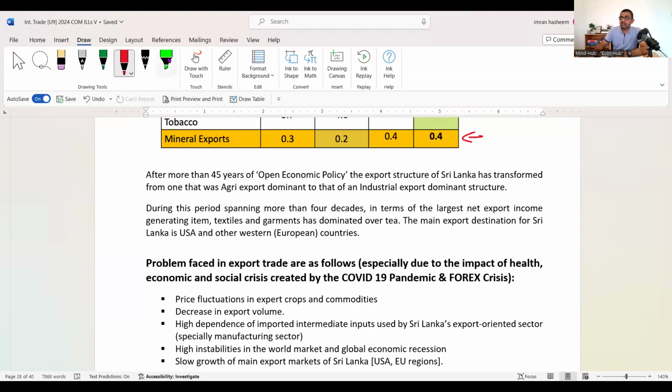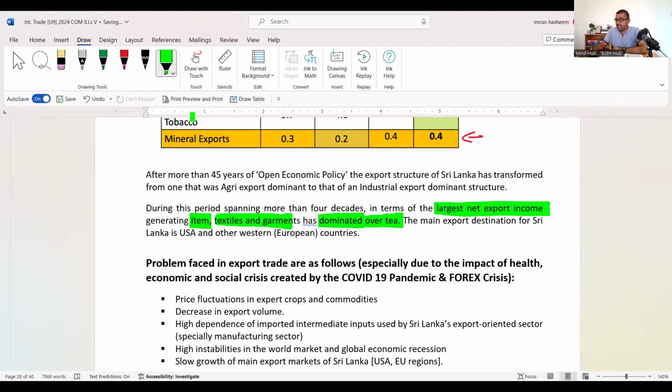What is our largest net export income? Net meaning, if we import anything to produce that good, you minus that. Net export income generating item is textiles and garments, has dominated over tea. So textiles and garments have dominated over tea. Get it? Over tea. It used to be tea, no?